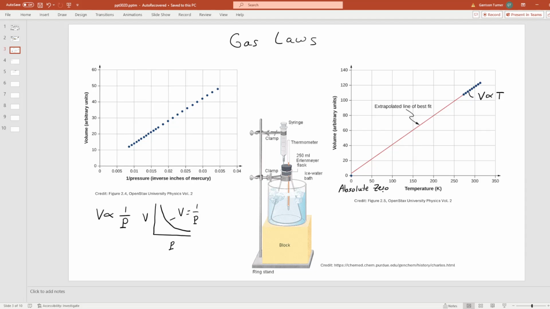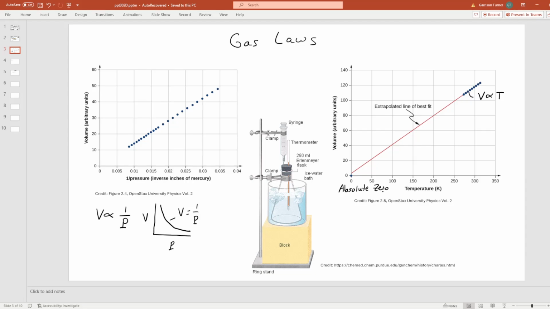Now, in truth, your volume can never go down to exactly zero because molecules and atoms are effectively incompressible. And even if you could compress an atom itself, you couldn't compress the nucleus. And so it does have some finite volume.